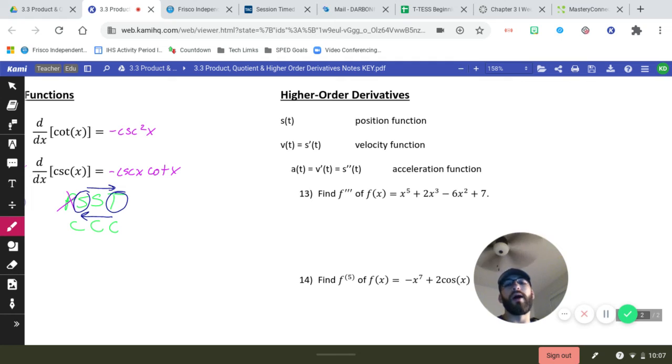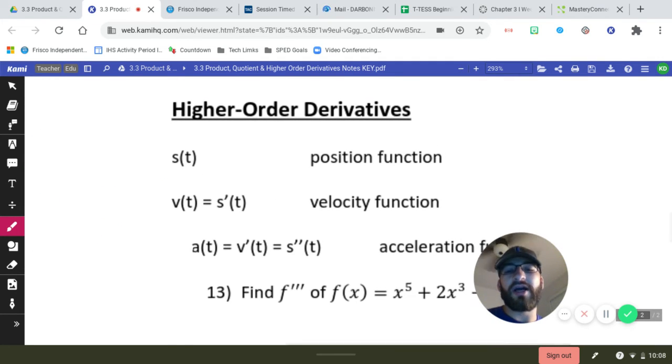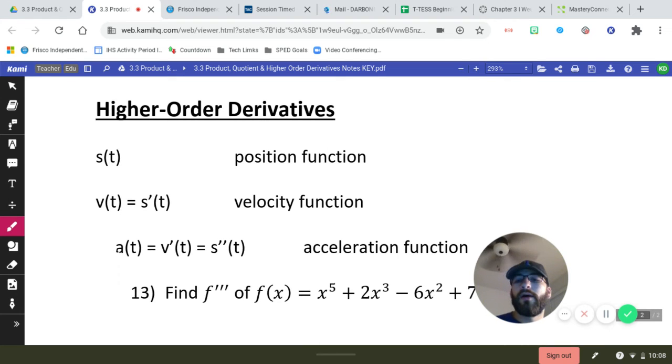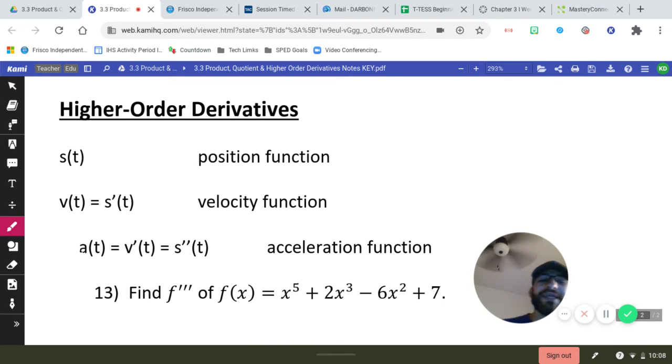The set of derivatives we're going to talk about the most this year is our position, velocity, and acceleration function. So we talked about this a bit last time, that if I take the derivative of the position function, s prime of t, that's also the same as the velocity function.